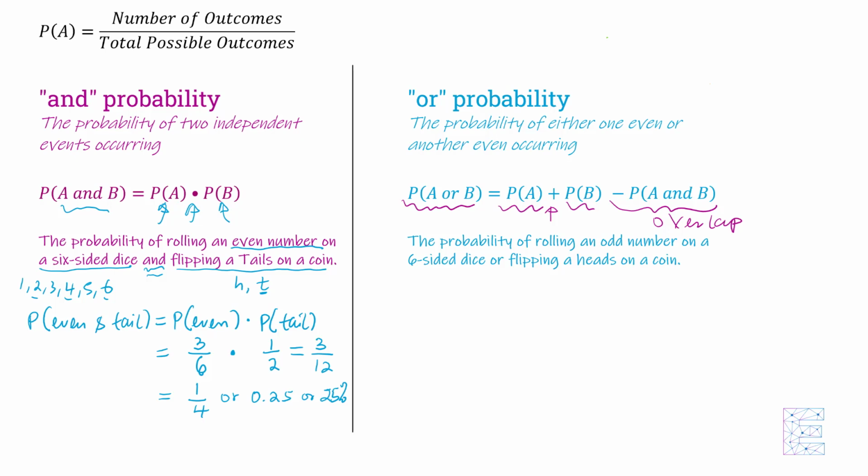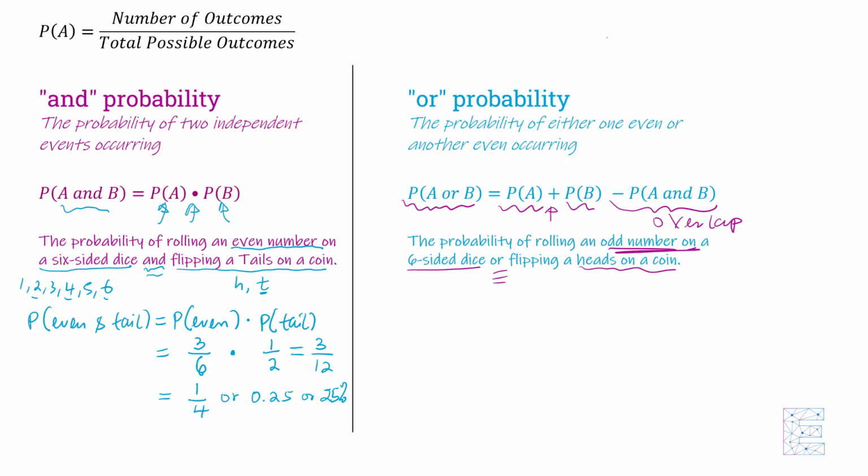So let's actually put this into practice by answering this question right here. Let's read it. The probability of rolling an odd number on a 6-sided die, so we want an odd number on a 6-sided die, or, keyword, flipping a head on a coin. Remember, a 6-sided die has 3 odd numbers, so we have 3 over 6, and a coin has 2 sides, so there's only one head, so that's going to be 1 over 2.